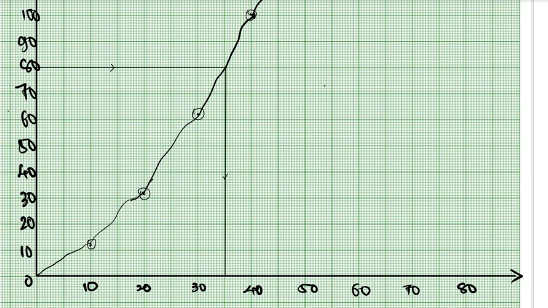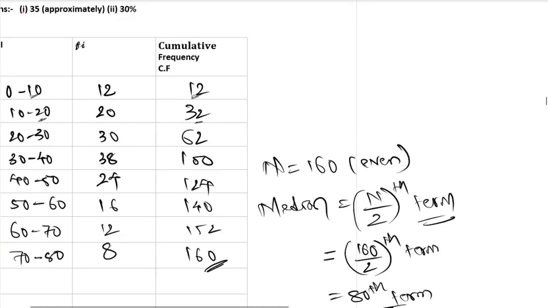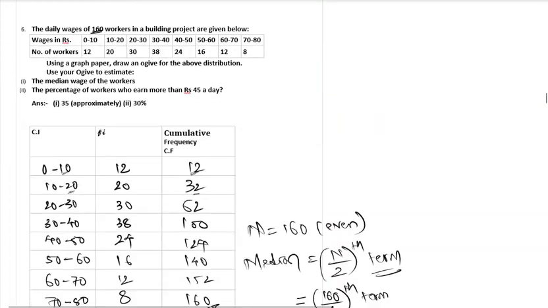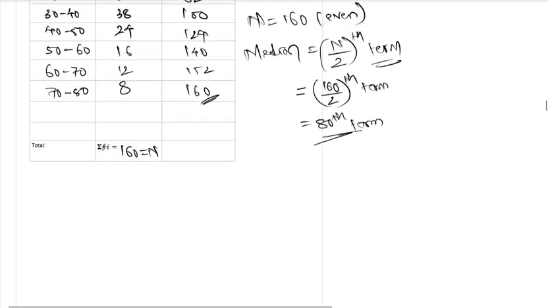So I'm going to go with 35, right? That's what I have got through drawing this line on my ogive. Okay, cool. One more zoom out. I think we are ready. So the 80th term, the median, is 35.